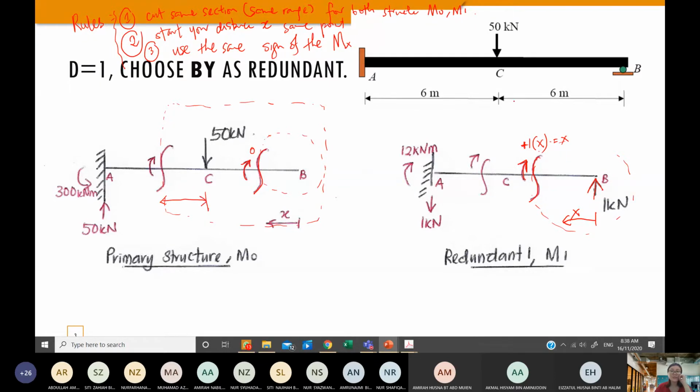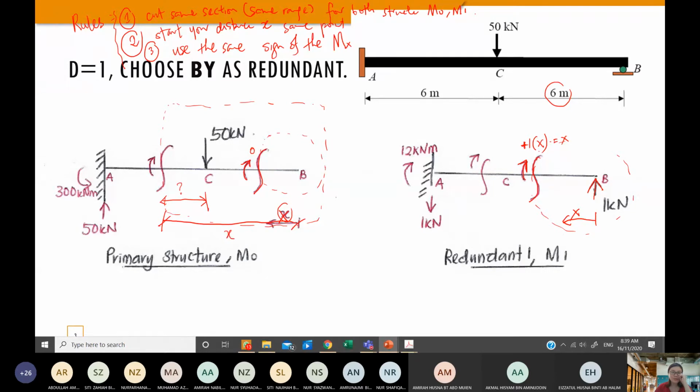I know that CB is 6 meter. So what is my distance here? This X always means to go up to the cut section. So this X distance is up to here. The whole B to the cut section is X.